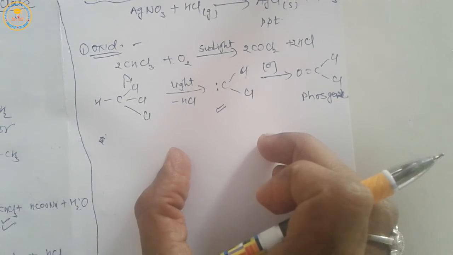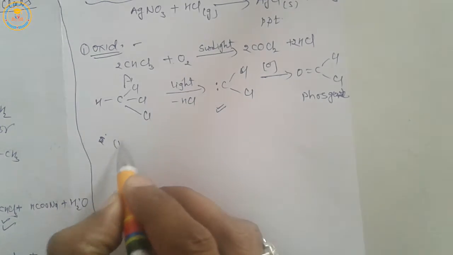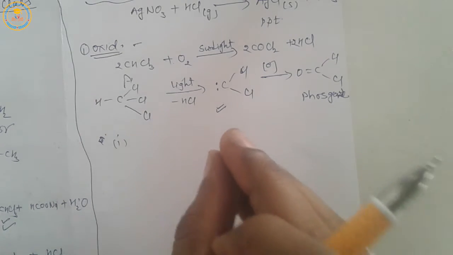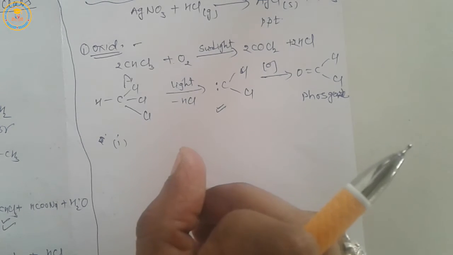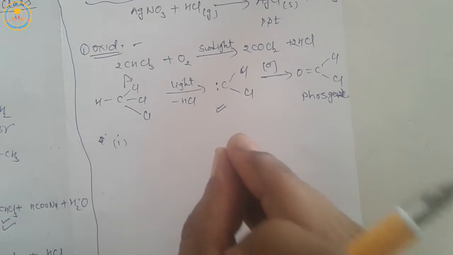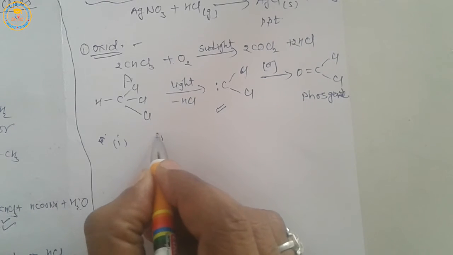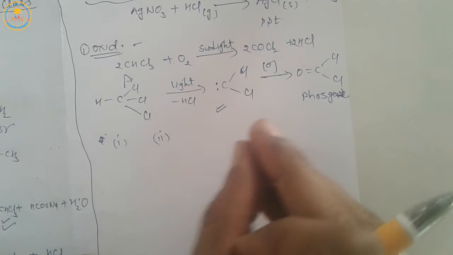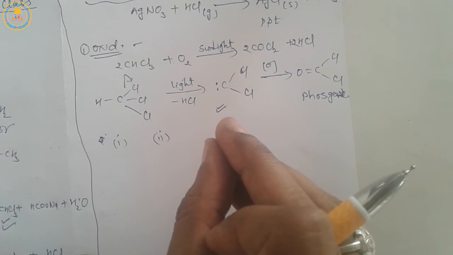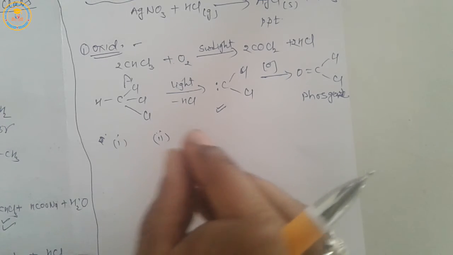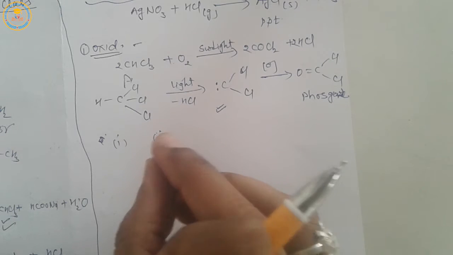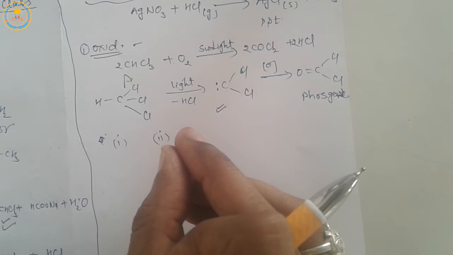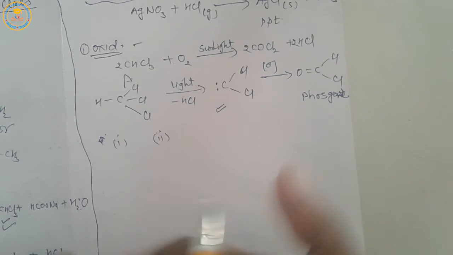Now next, to prevent chloroform from oxidation, point first, it is stored in closed dark colored bottles completely filled. Therefore, light and air are kept out. Second point, a small amount of 1% ethanol is added to the bottle of chloroform. Ethanol reacts with phosgene that may be formed during storage to form non-toxic diethyl carbonate.